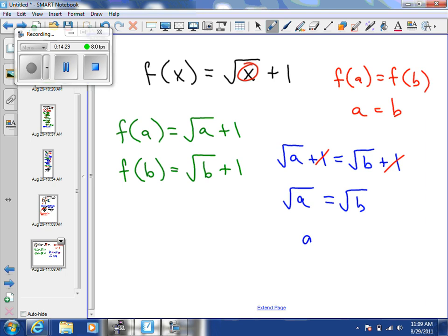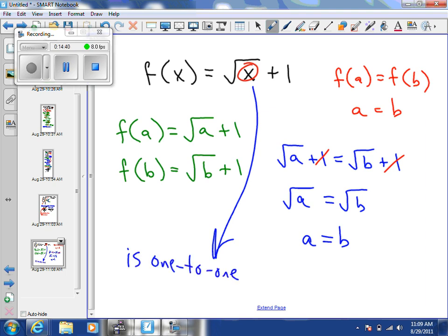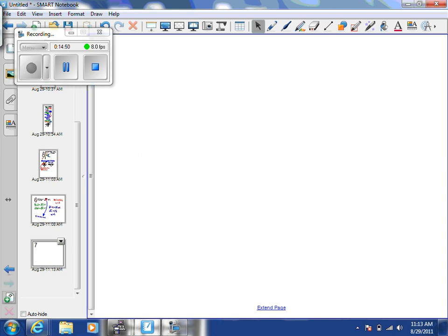We look at this and notice that the 1's cancel, and I'm left with the square root of a equal to the square root of b. Well, the only way that's possible is if a and b are the same value. So what we've just shown is that this function is one-to-one, and that therefore it will have an inverse.